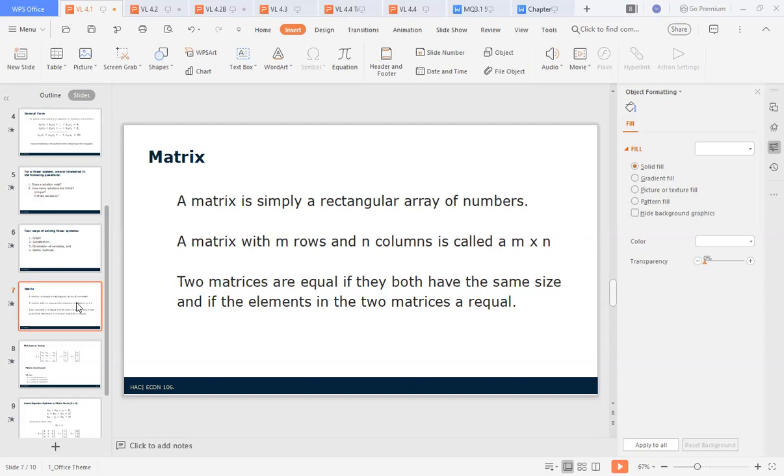Okay. A matrix is simply a rectangular array of numbers. A matrix with m rows and n columns is called an m by n. Also class, I will just be casually referring to it as m by n. So if I mention m by n, then I'm dealing with what we call a dimension.